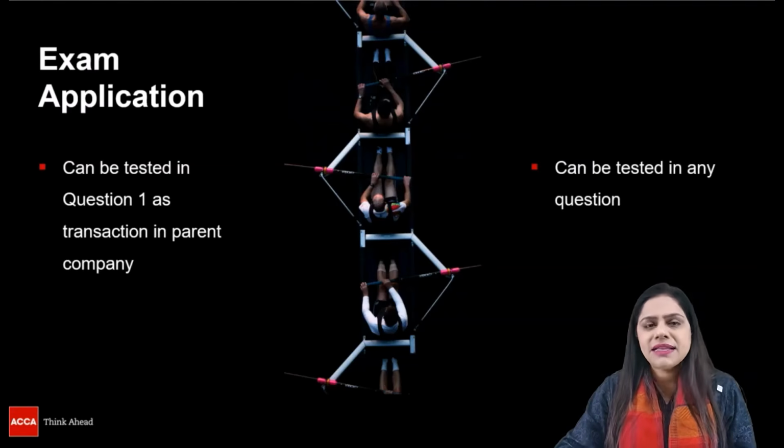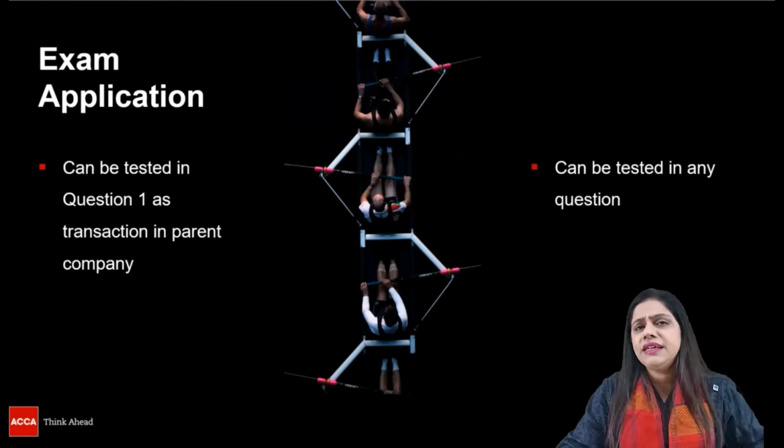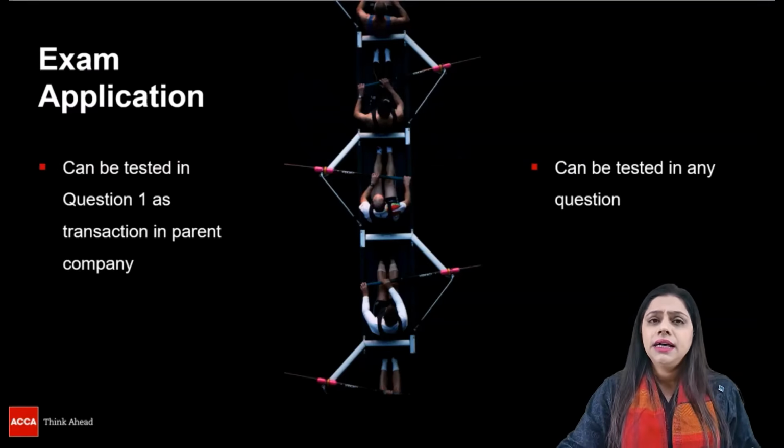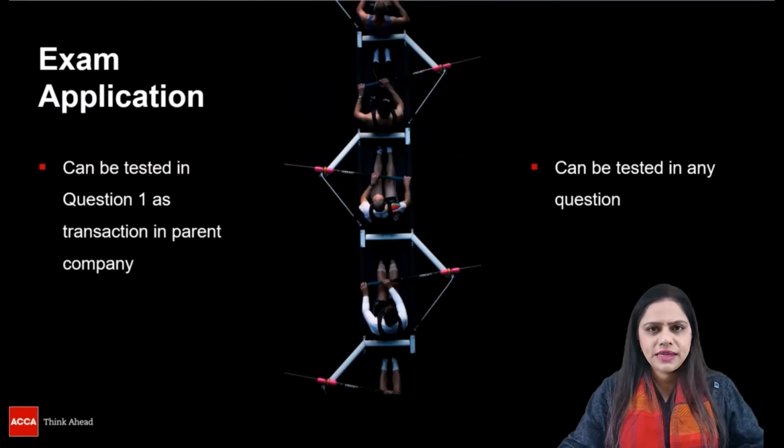Also, this can come up as a part in any other part of the question. It can come up as ethics. Very common testing is that they would say that the company is not recognizing the share-based payment because they feel that no expense is being made, no cash is going out of our business. We are going to give our own shares, so we don't need to recognize this.